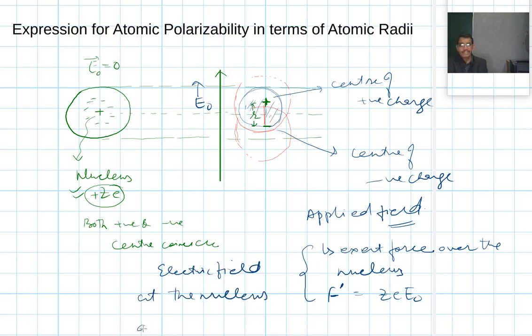This negative charge is induced because of the applied field. So both of these forces balance each other. This is the key idea behind the derivation, so let us try to derive it now.